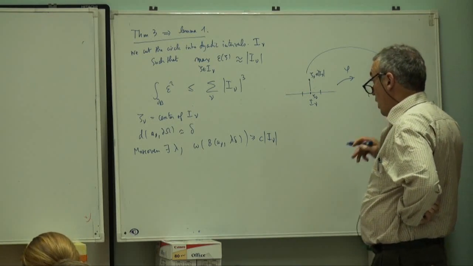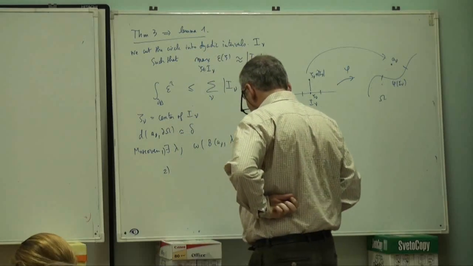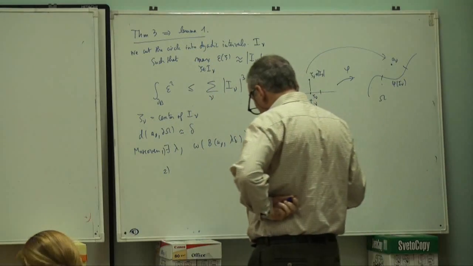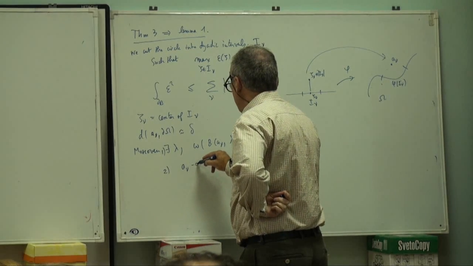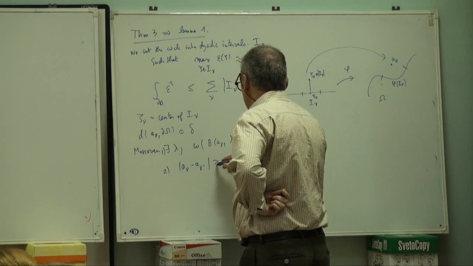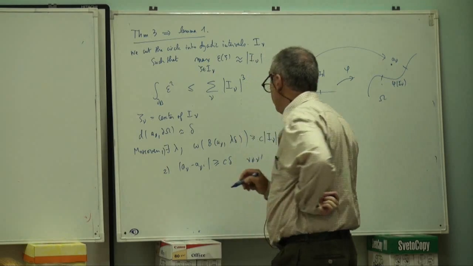Okay, so this is first, and second, the distance between A nu and A nu prime is greater than a constant times delta if nu is different from nu prime.